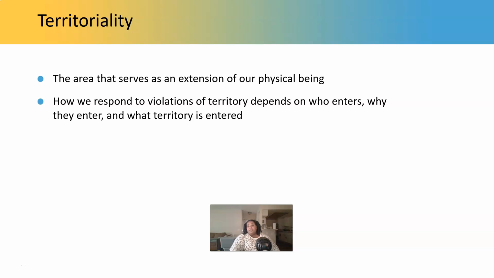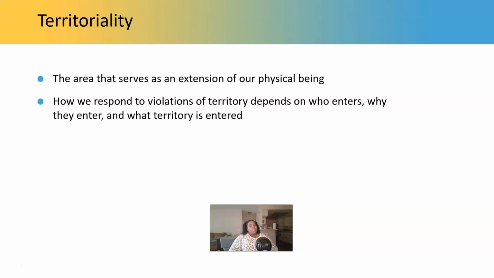So finally, we have territoriality. I give the example in class. One of the things, and I've done this before too, is that if you sat in that particular seat within like the first week of class, you're going to sit there until the last day of class. Unfortunately, we're not in our classes anymore. However, that's a thing. And I always ask students, if someone sat in your seat, how would you feel?